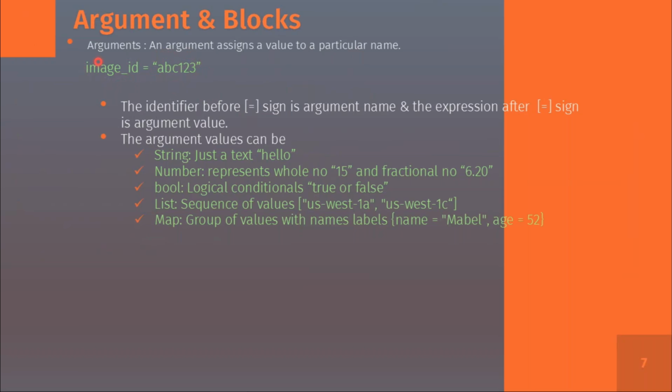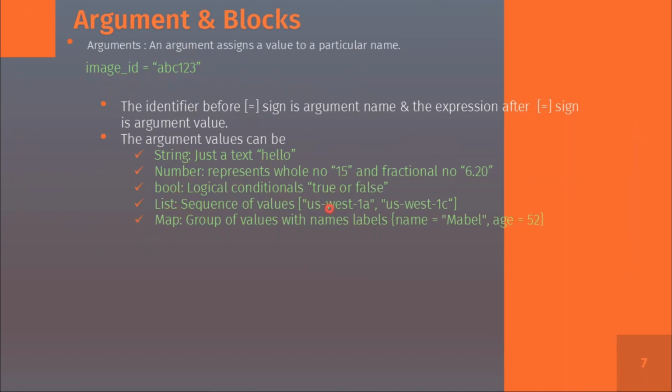So basically, an argument consists of two values: the argument name on the LHS and the argument value on the RHS. This argument value on the right side may be anything. It may be a string, in double quotes, like hello. It may be a number, like any numerical value. It may be a Boolean value, like true or false, or it may be a list.